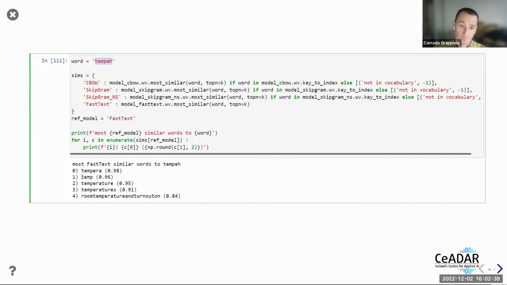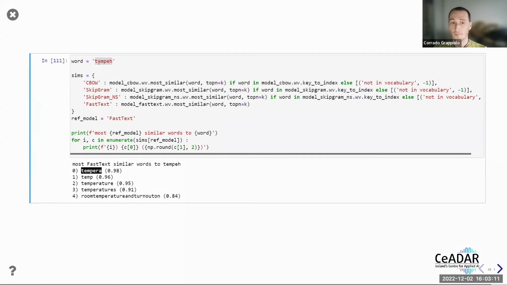If you look at this, by the way, these are words that are present in the vocabulary, and this very weird word most likely comes from a very quick cleaning that I did as pre-processing. But if we talk about vector semantics, I don't know how tempera and tempe are similar to each other. Apparently, it's very similar, 0.98.